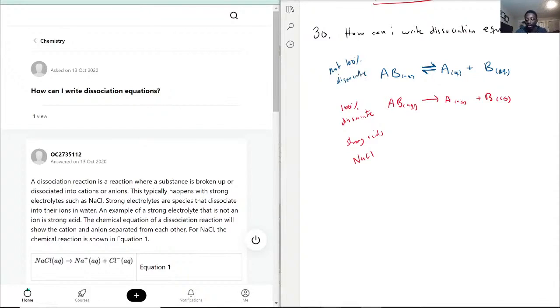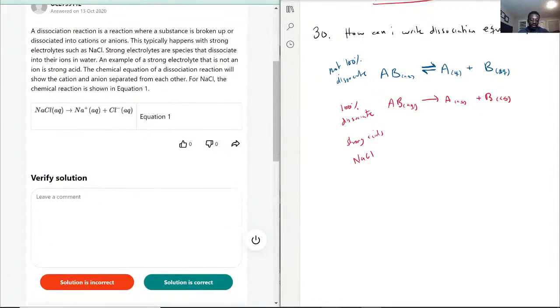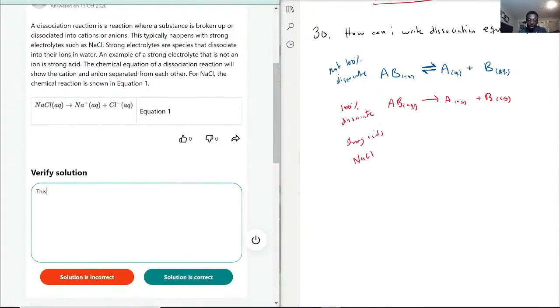The most important thing here is really just the arrow, the signage, because you want to make that distinction. If they don't tell you that it 100% dissociates, it's usually safer to just put the double arrow. This one uses a salt, which is 100% dissociation. So the chemical equation with one arrow turning into A plus B is correct.